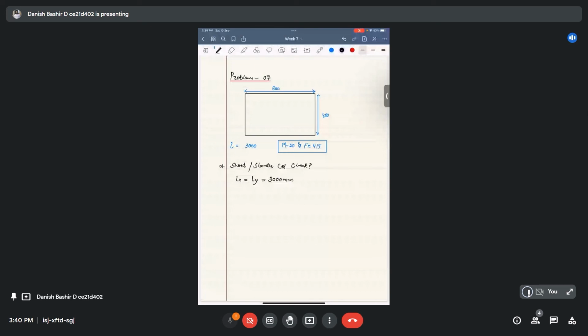So the slenderness ratio S will be, for both directions, the effective length Lex divided by the lateral dimension in the x direction dx, and the effective length in the y direction Ley divided by dy. Lex by dx, Ley by dy, which will be equal to kx times Lx divided by dx.